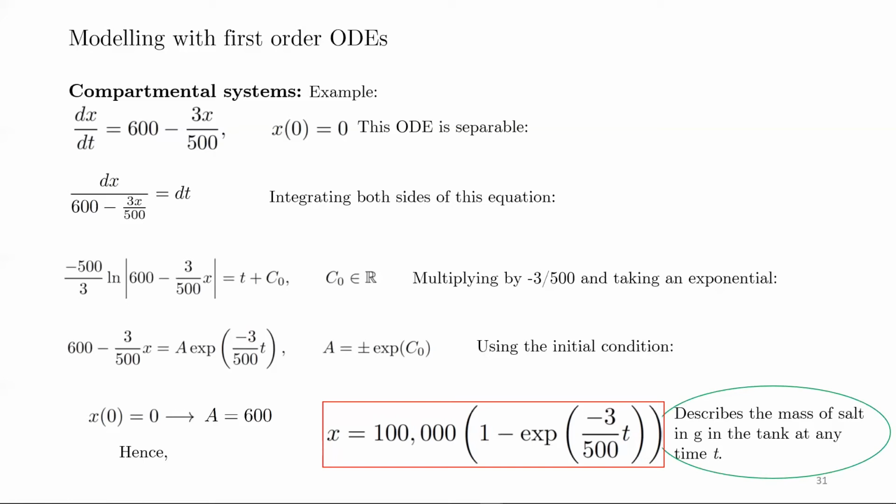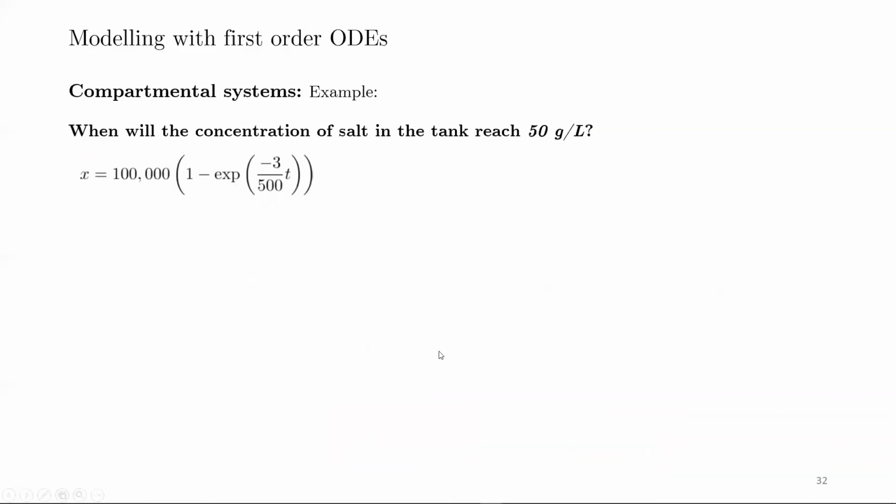We've done the mathematics part of it, but this is not the question we were initially asked, right? Initially, we were asked, when will the concentration of salt in the tank reach 50 grams per litre? So this is the question we actually wanted to solve. Well, we can actually answer this question using our solution now, of course.